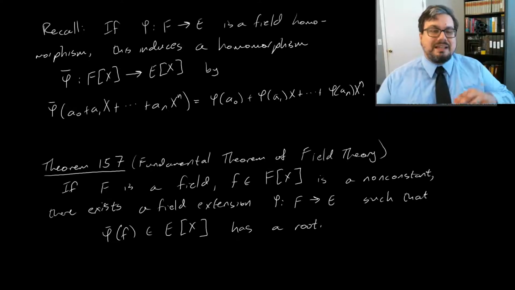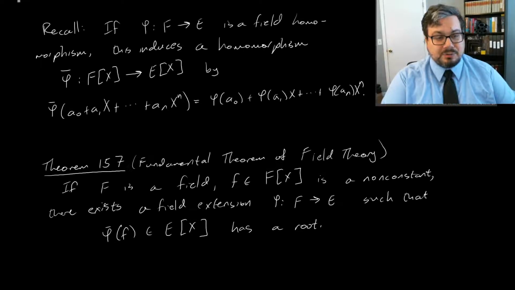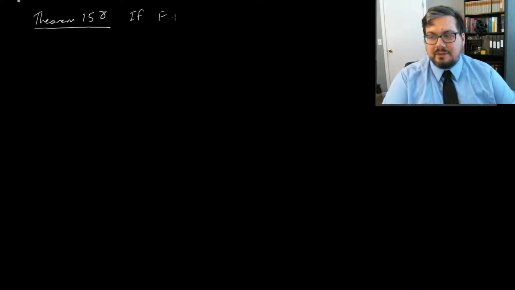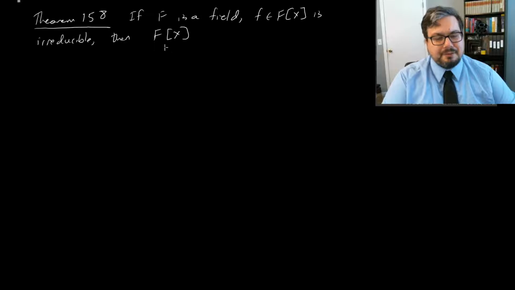Before we prove this, we need another theorem, which is going to be very useful in its own right. So Theorem 158 says that if F is a field and little f inside F adjoin x is irreducible, then the ring F adjoin x, when you mod out by the principal ideal generated by f, is a field.